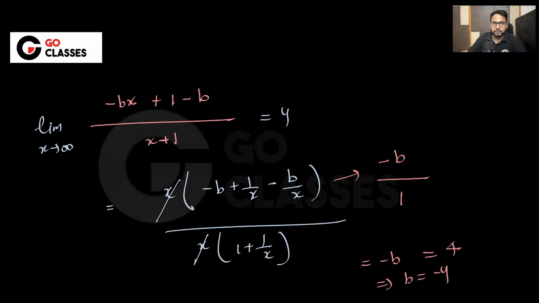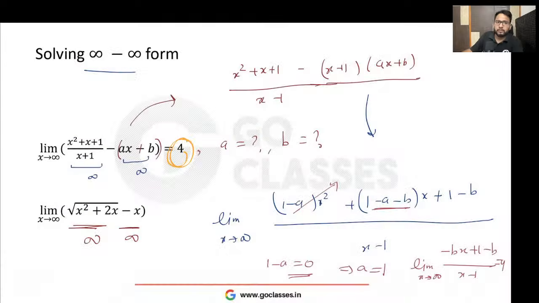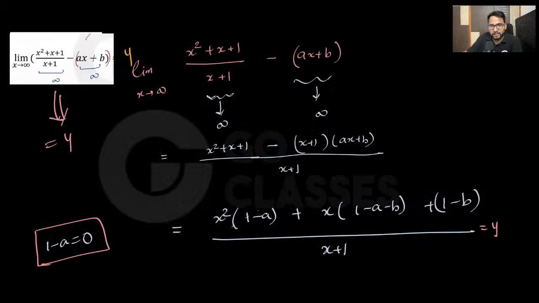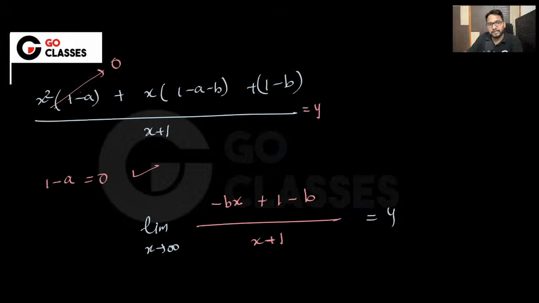Okay. So this is the way to solve this particular question. I hope you understood. Basically, if infinity minus infinity form is given to us, then we are going to convert this infinity minus infinity form into infinity upon infinity form. How? By clubbing this. You just club these two parts. The clubbing part is very important.